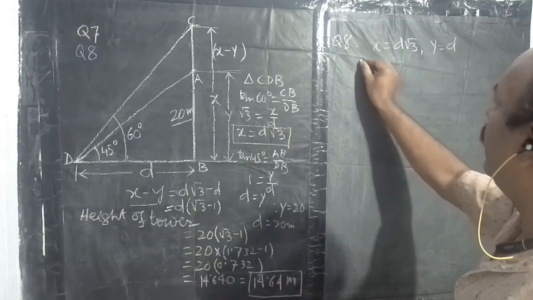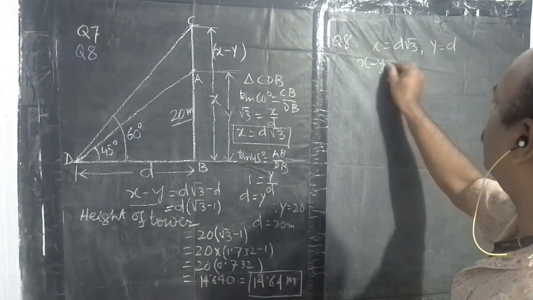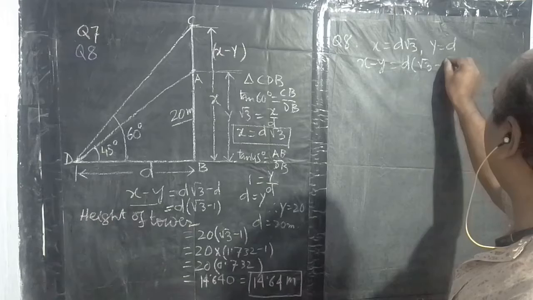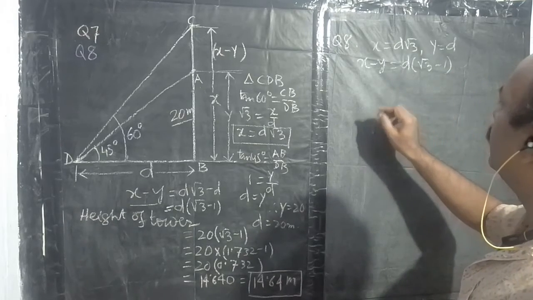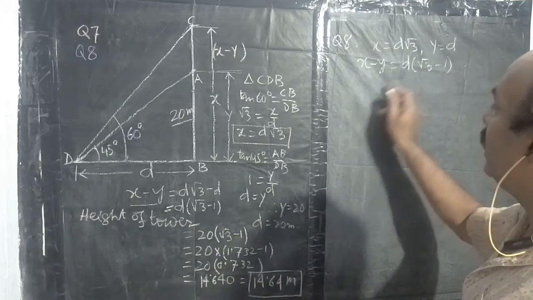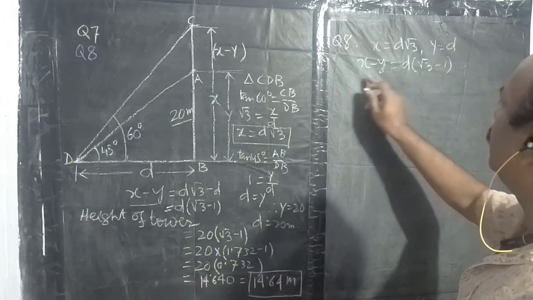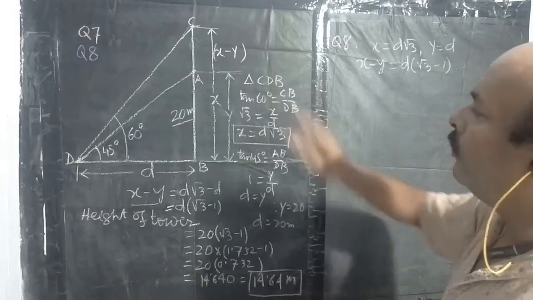So that means X minus Y is equal to D into root 3 minus 1. Now, what is D? D is nothing but Y. This you have to find out. Now, X minus Y value is given, 1.6.